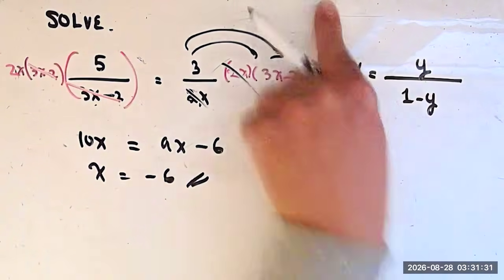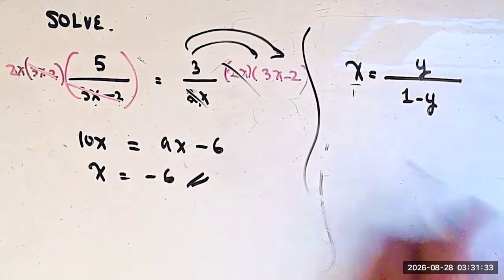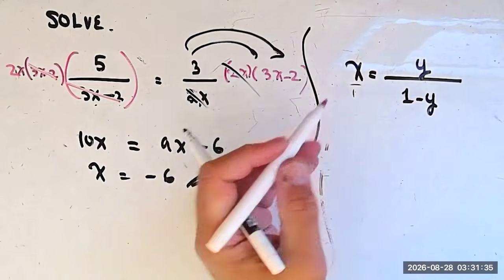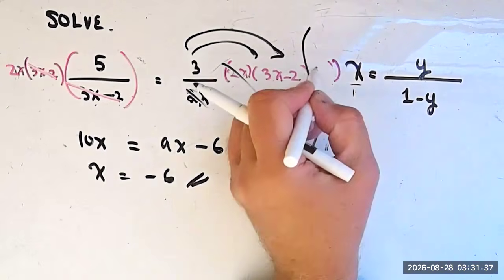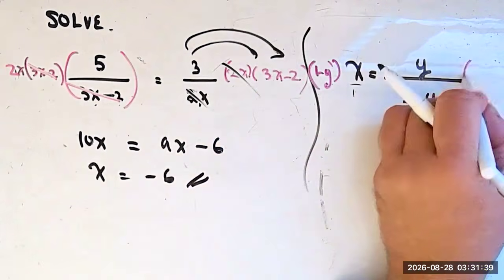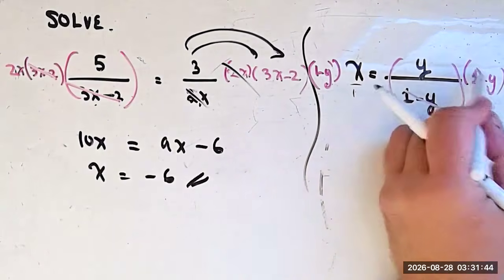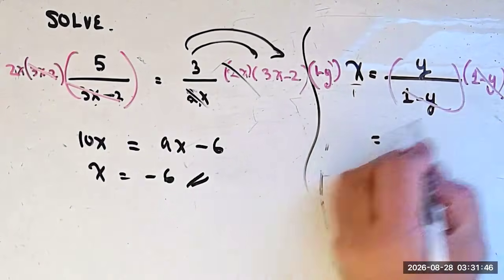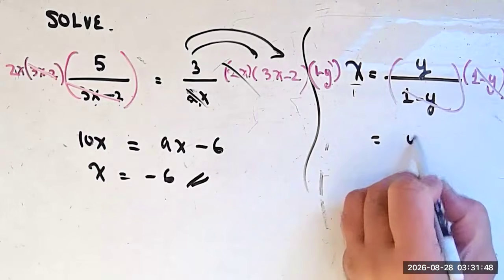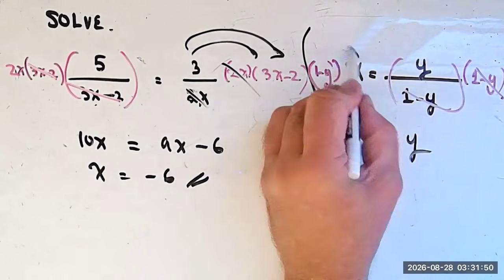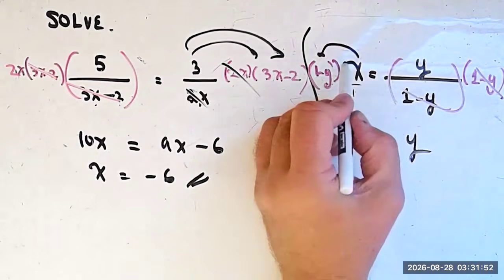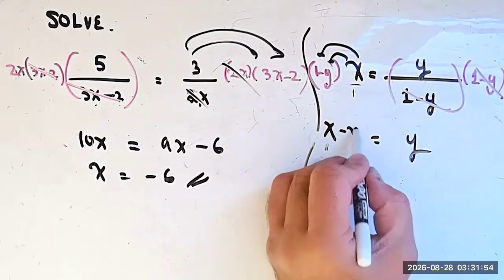So we multiply by 1 minus y, both sides of the equation. That's my LCD. 1 minus y, 1 minus y. So here, this over this equals 1. So on the left hand and the right hand side, you simply have the y. And here I have x times 1, that would be x. X times negative y, minus xy.